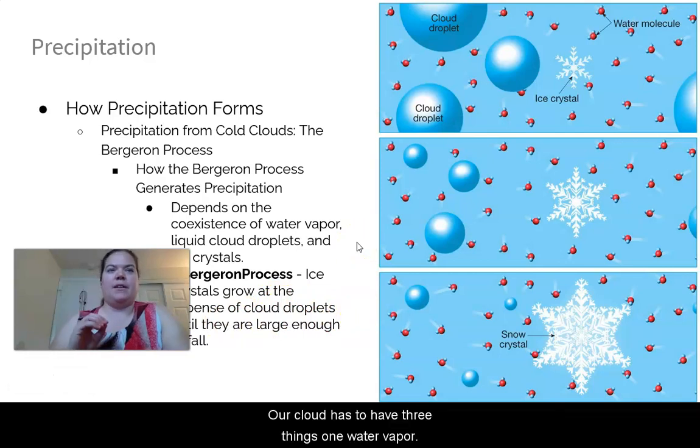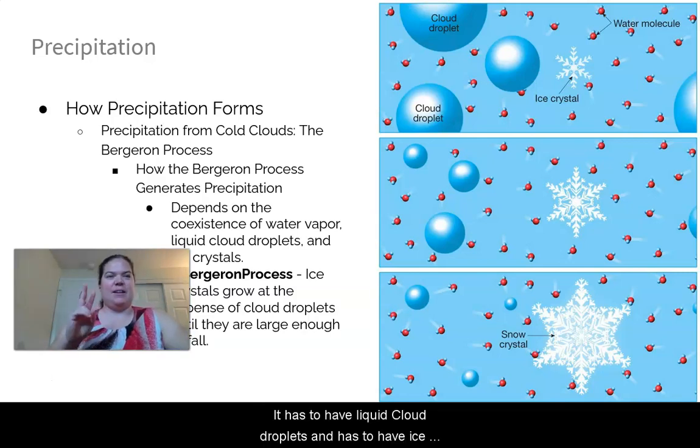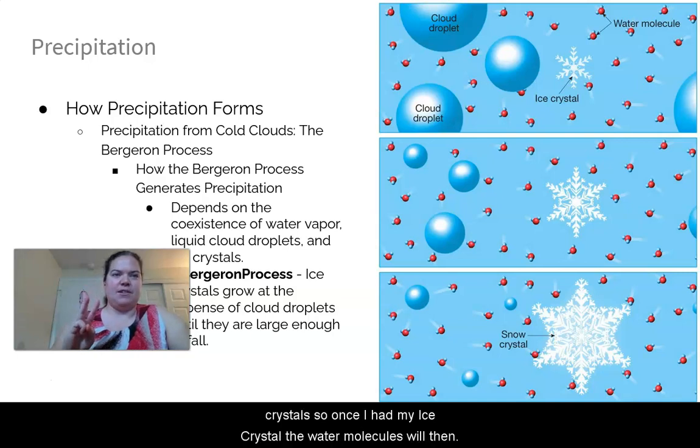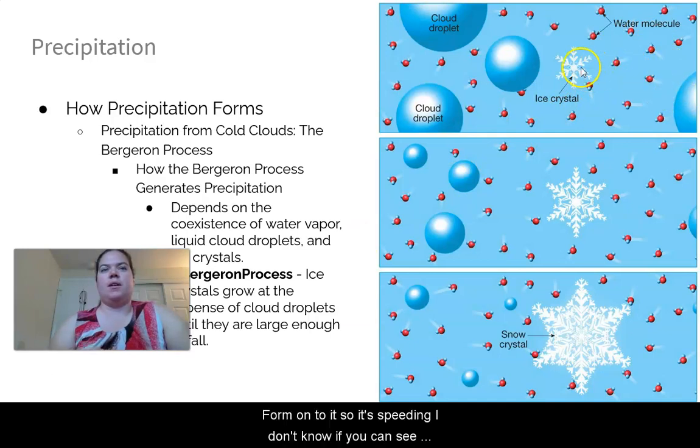So our cloud has to have three things. One, water vapor, duh. It has to have liquid cloud droplets, and it has to have ice crystals. So once I have my ice crystal, the water molecules will then form onto it. It's speeding away from the cloud droplet towards the ice crystal.